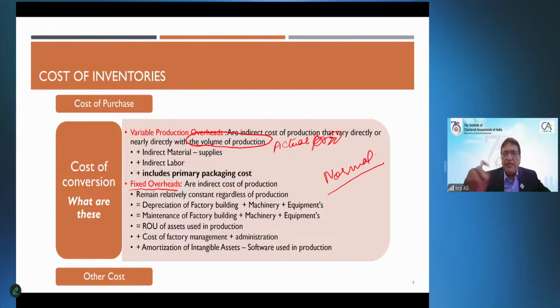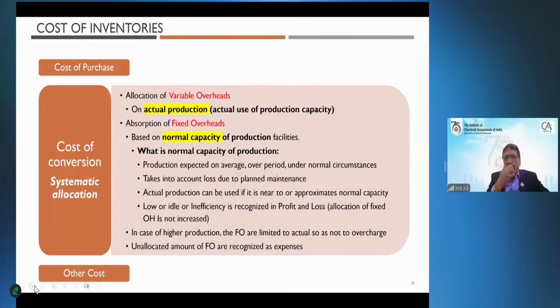As the normal capacity is there, we divide the actual overhead by the normal capacity and take out the per unit cost, and then whatever inventory units are left over, multiply by that, which will give you an absorption of the fixed overhead. I'm not going into the detail of what fixed overhead would be. I know my friends would know it very nicely. So let me go ahead over the important part.